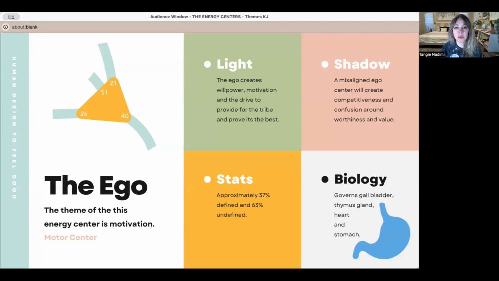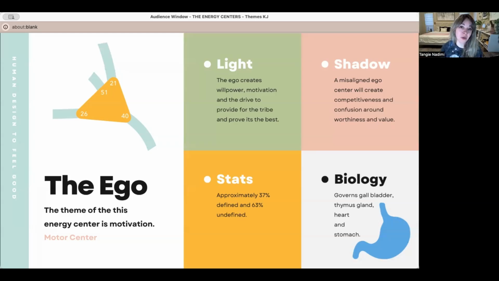Again, a lot of times I'll bump into people who have a defined ego and they're like, I don't know, I don't really keep promises, or I'm not really very competitive. And many times, because this is a motor center, because it's motorized energy, they have an anchor. They know when enough is enough. They know when to compete and when not to compete. And so you'll see more of that energy in an undefined ego.